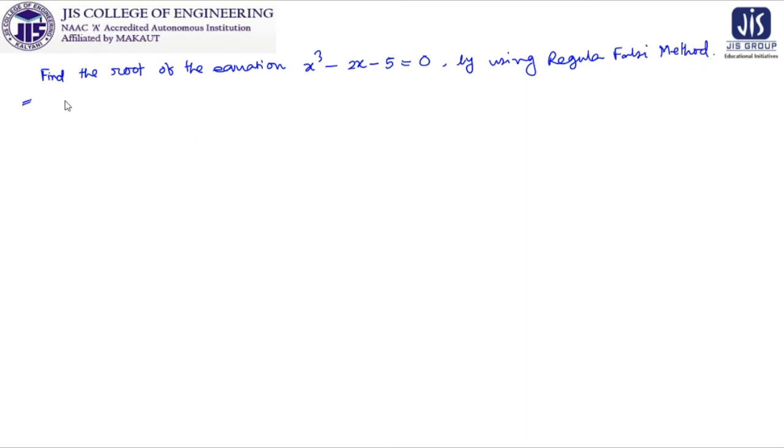So from this we assume fx is equal to x cube minus 2x minus 5. f0 we are getting as minus 5. f1 we find, but it is again negative, and for f2 we again get negative, and for f3 we get 16.